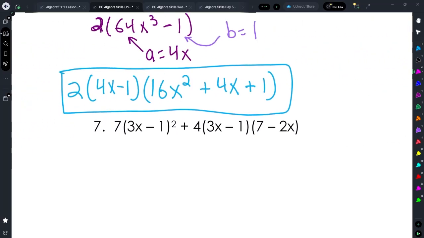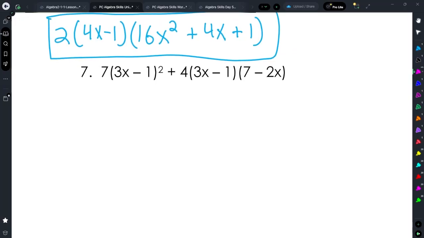We're going to use that idea in number 7, because we have 7 times 3x minus 1 squared plus 4 times 3x minus 1 times 7 minus 2x. So both of these things have a 3x minus 1 factor. The first term, the one I underlined in blue, actually has 2 of them.